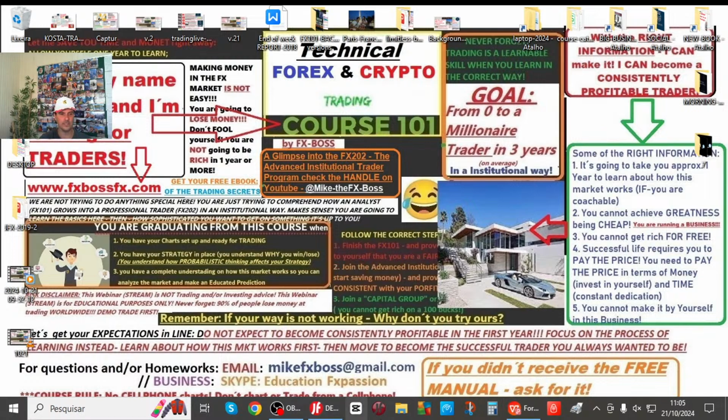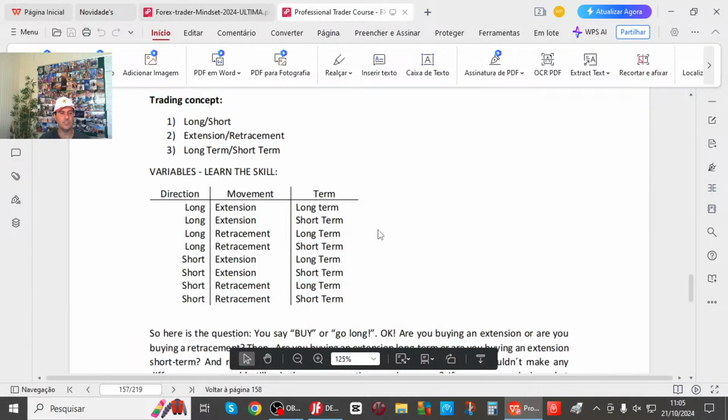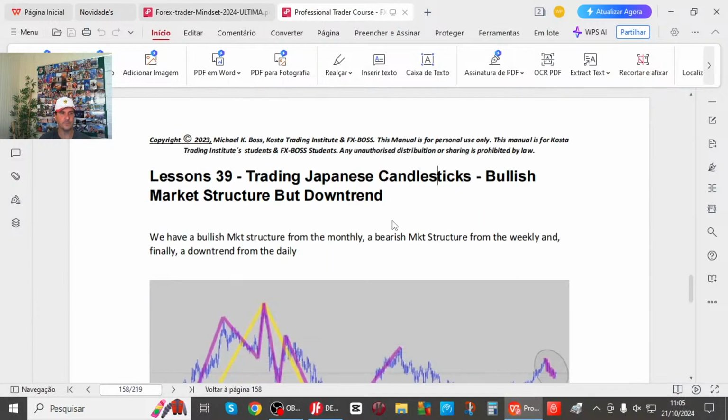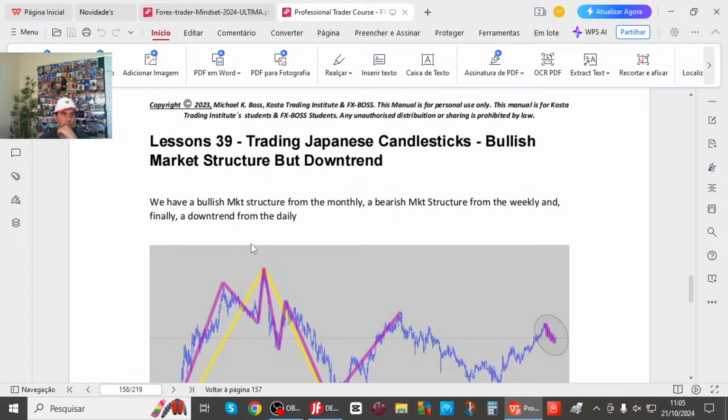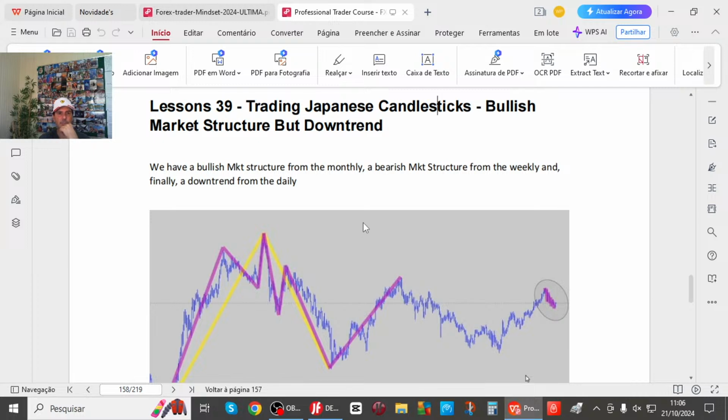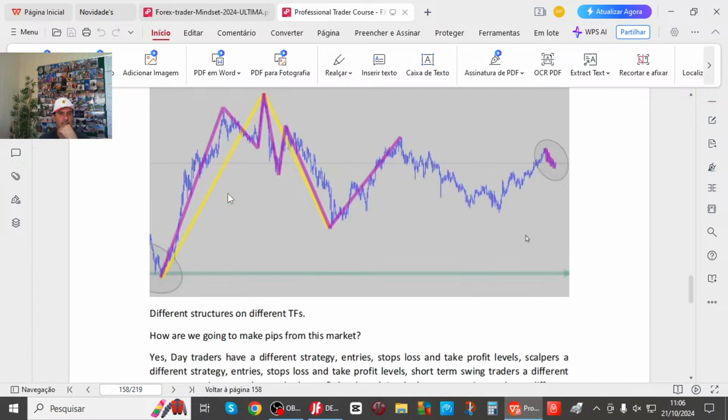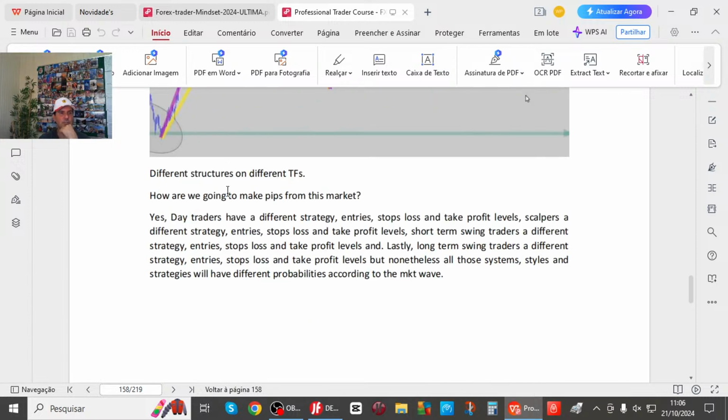In the meantime, everybody, type in the chat a currency pair that is in a bullish up market wave. In the meantime, we are going to see if there is anything new. We have a bullish market structure from the monthly, a bearish market structure from the weekly, and finally a downtrend from the daily. Different structure on different time frames, all good. We learned about that.